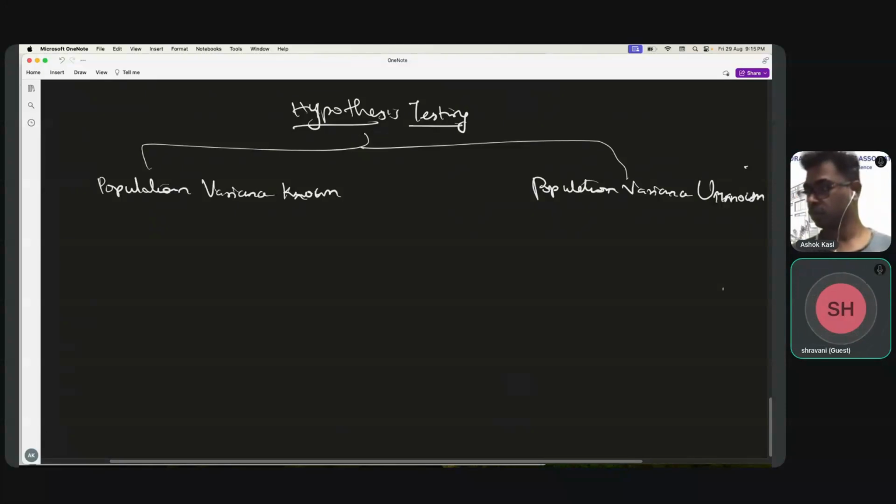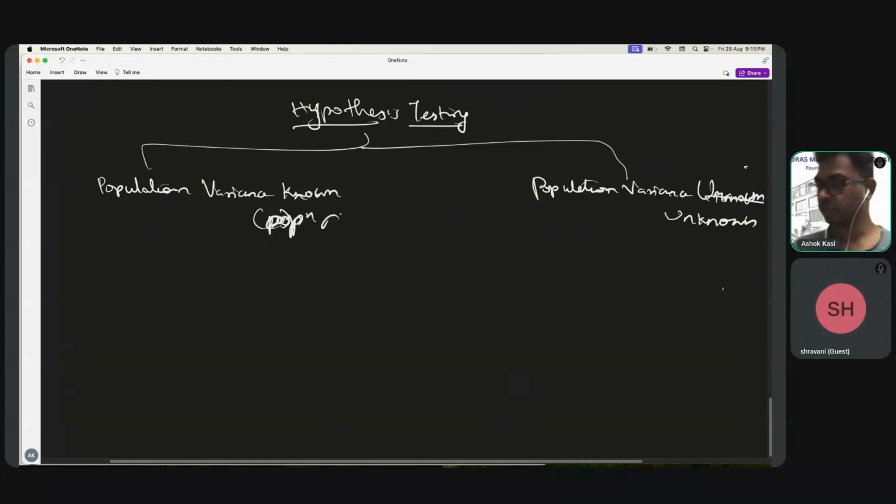What does this mean? Most of the time it will be population variance unknown only. Population variance, I can also say standard deviation, same population standard deviation. It's one and the same, meaning if you square the standard deviation, you will get the variance. Population standard deviation unknown, and this is population standard deviation known.